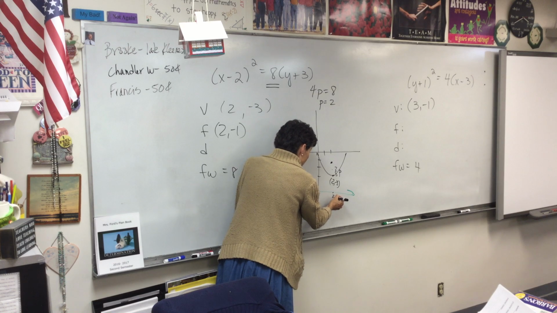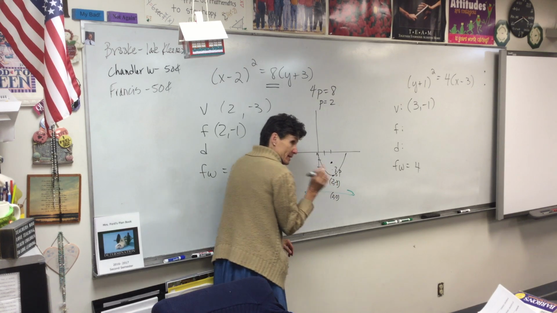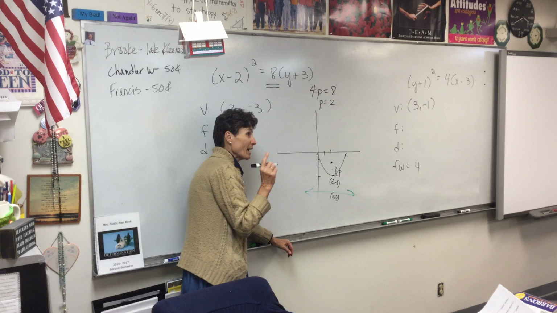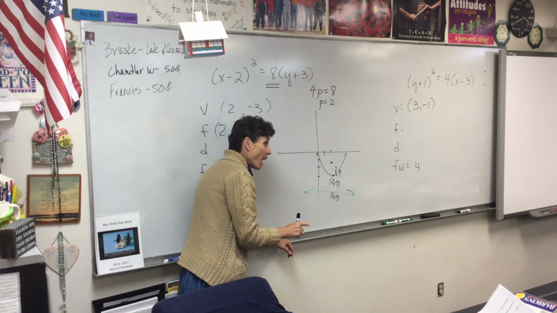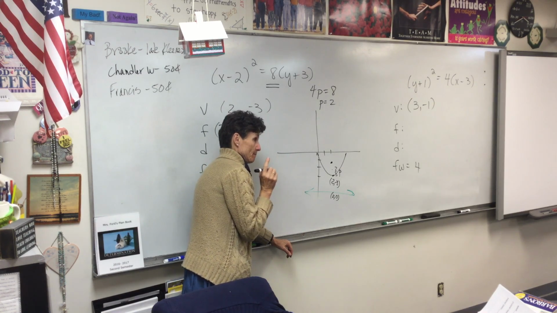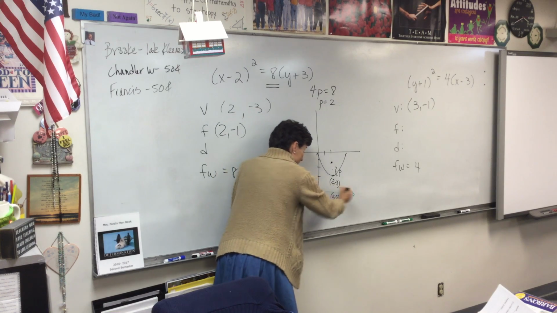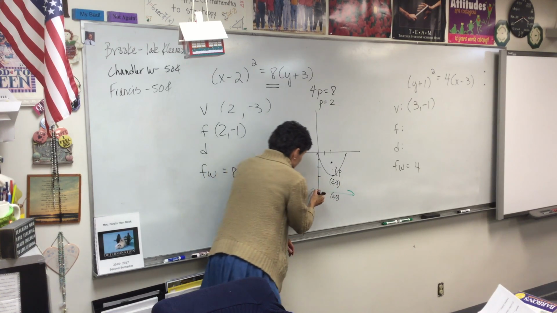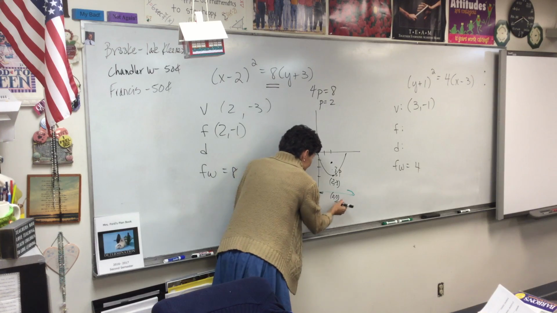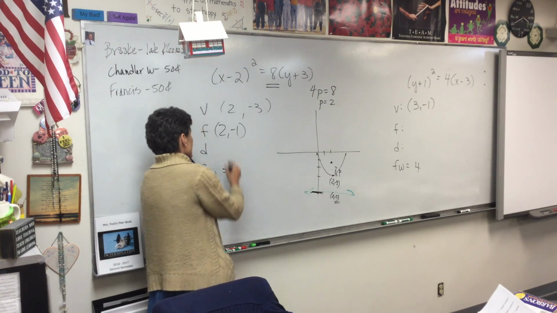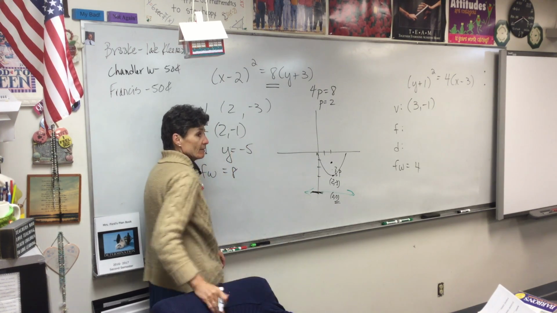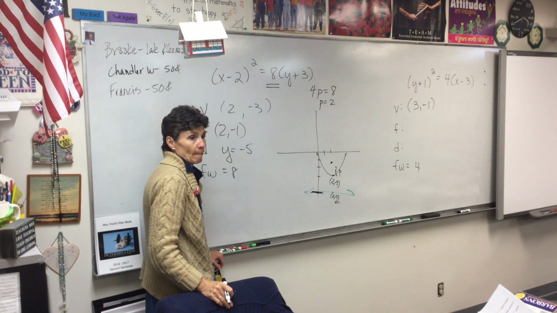Now that point would be 2, -5. Everybody in agreement? No. But the directrix is not a point. It is a line which crosses the y-axis at -5. So y equals -5. Okay?